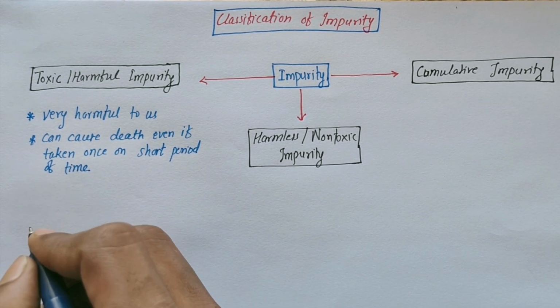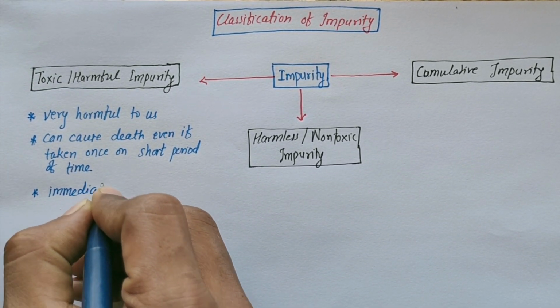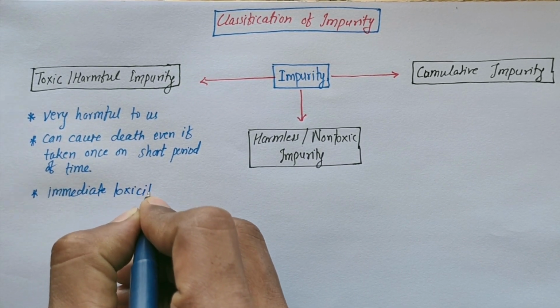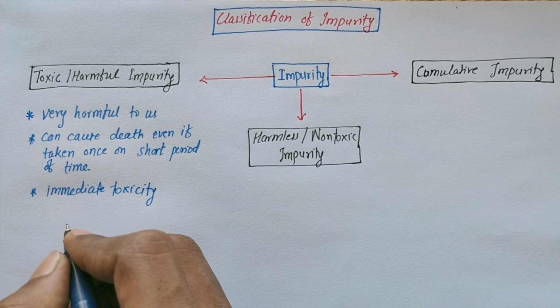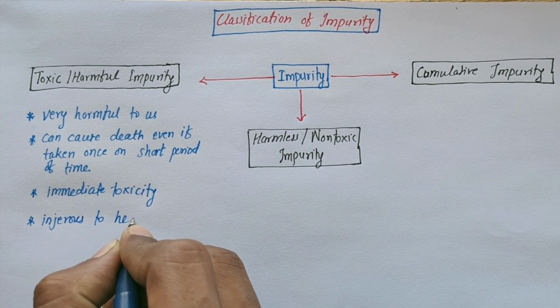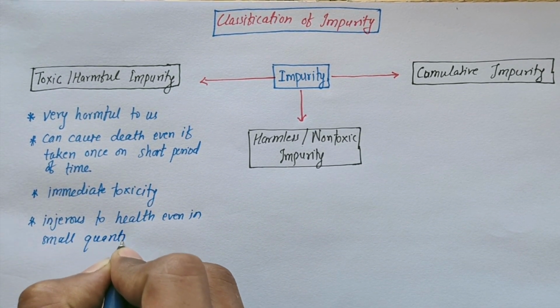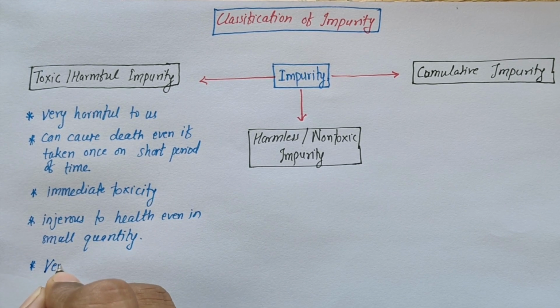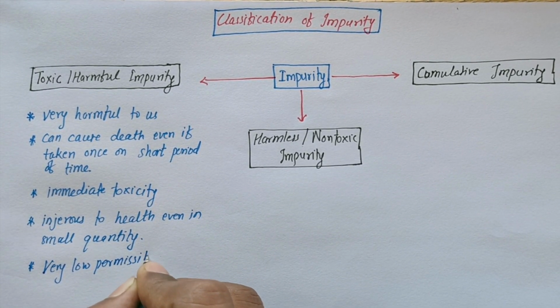The third point is immediate toxicity can be seen. Immediate means if you take it now, the toxicity will start now only, or within a few hours. Then they are injurious to health even in a small quantity. Very low permissible limit is allowed in pharmaceutical preparation.